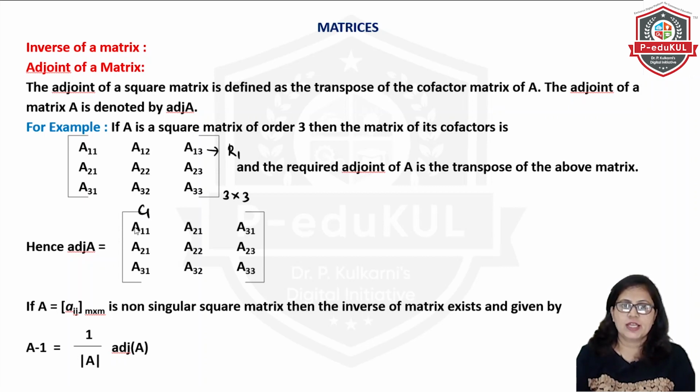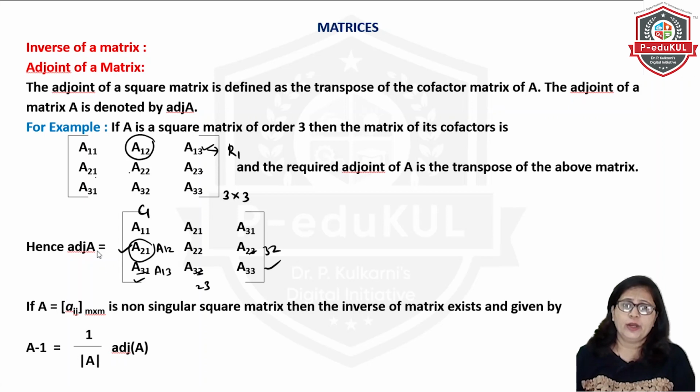So this A11 will be as it is, A12 will be here, A13 will be here. Okay, this is wrong over here. This should be A12 and this should be A13. Then A21, A22, A23, this should be A23, and then this should be A31, A32, and then A33. This is correct. Okay, so this is how we are changing the rows and columns, and we are getting the transpose of it, and that is nothing but the adjoint of A.